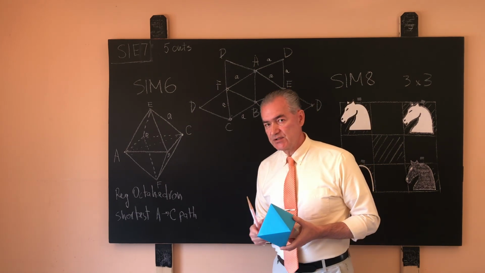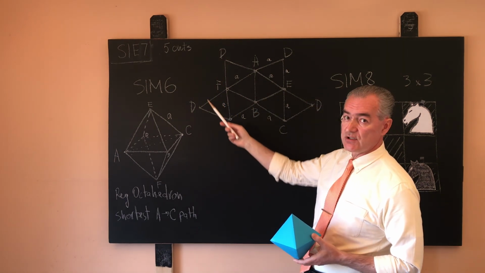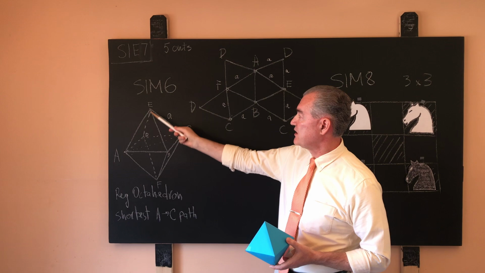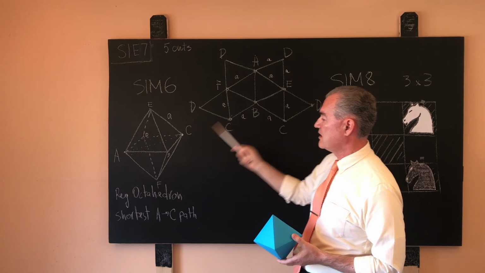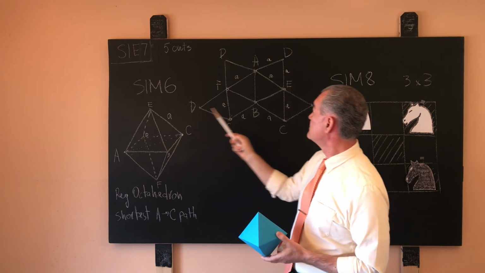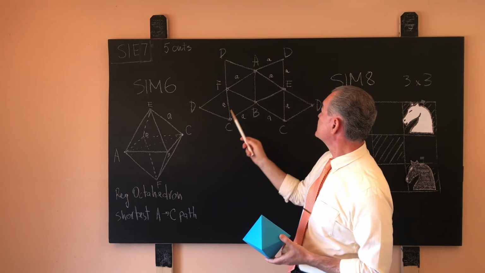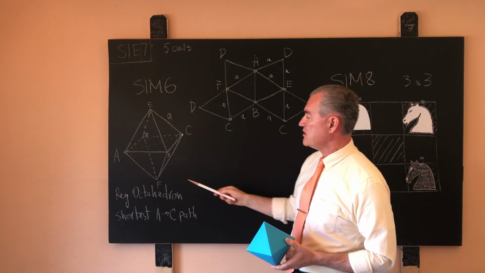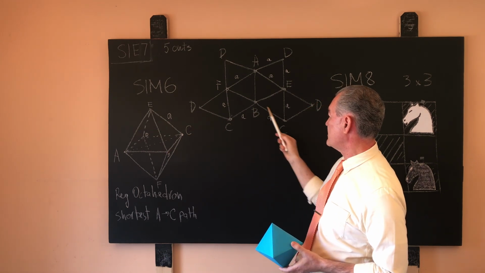In this particular case, we executed, as I said, 5 cuts, and as is evident from this net, these cuts were placed along the edges DE, which is evident by this side right here, DF, DA, which is this one, DC, this one right here, and the 5th cut was made along the edge BC, or this one.